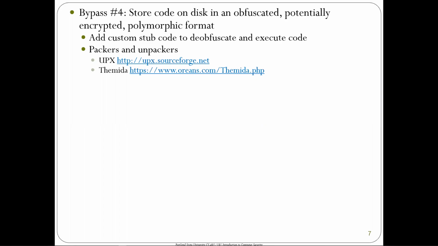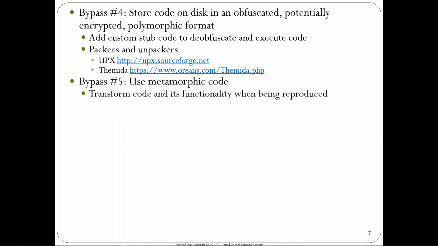And then anytime you run the packer, you generate a new signature. And you just use software tools to basically create unique malware every single time. And this completely wrecks signature detection schemes. You basically have to unpack everything and then do signature detection, because otherwise it's going to look different no matter what you do. And these are examples of packers that you might come across.